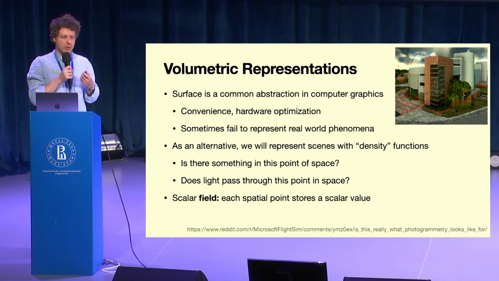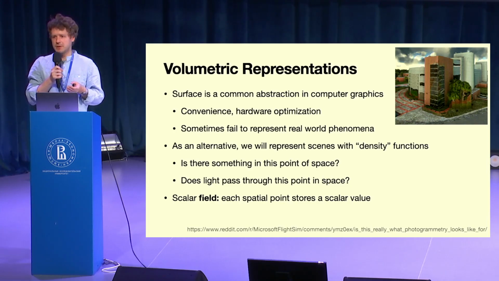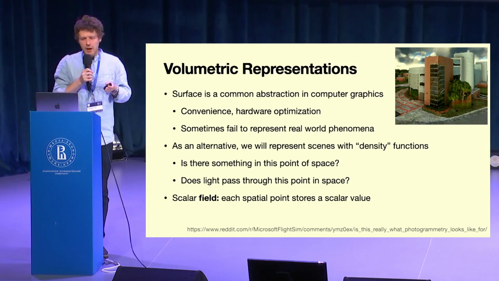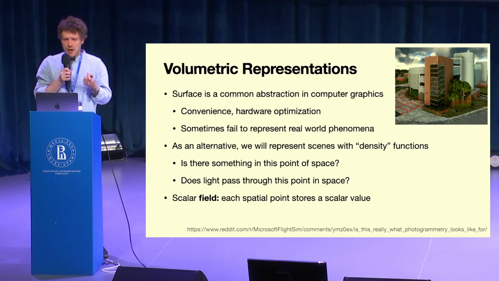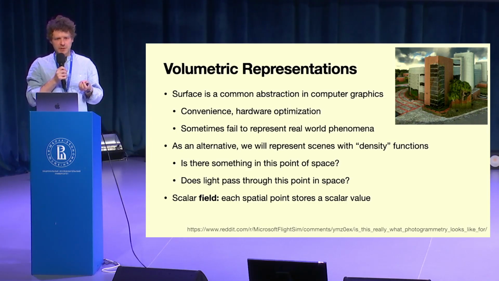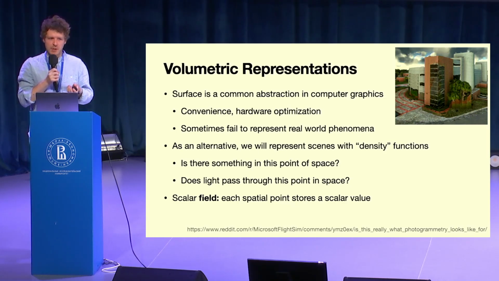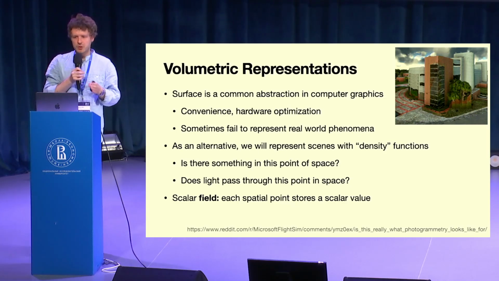As I've already said, saying that an object you're trying to represent is a surface is a sort of mathematical abstraction. It works most of the time. For example, all of the rigid bodies you can represent as a surface. But sometimes these bodies are so complex in their shape that representing them as a surface is impossible.